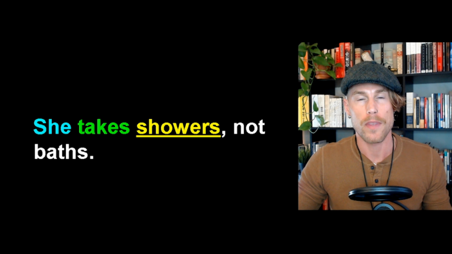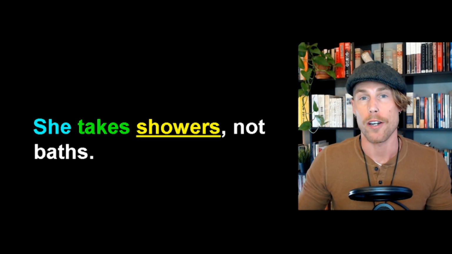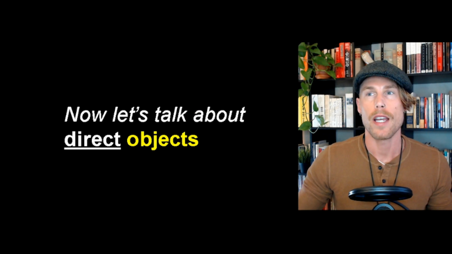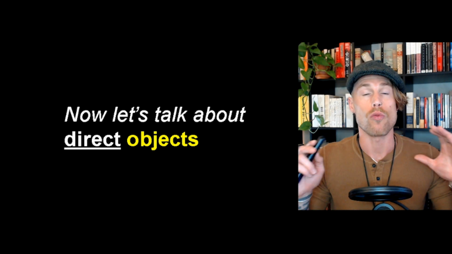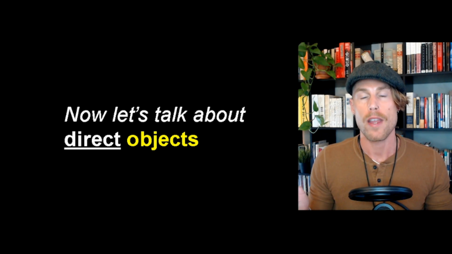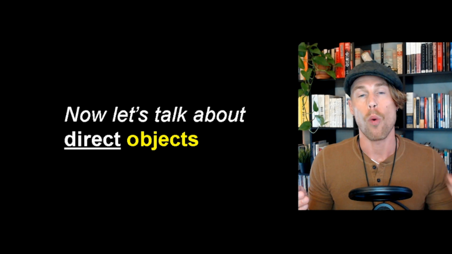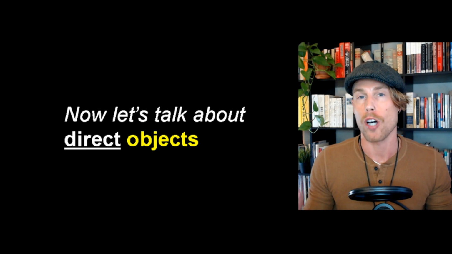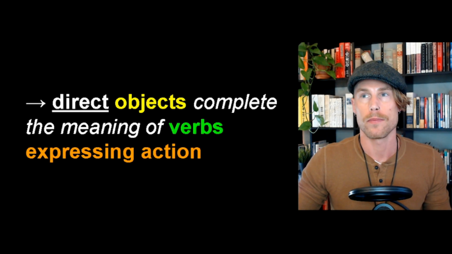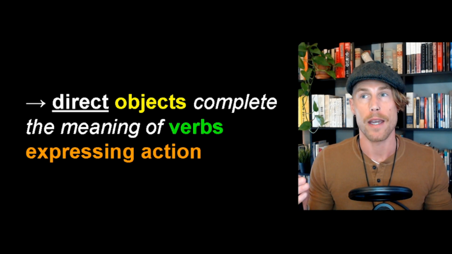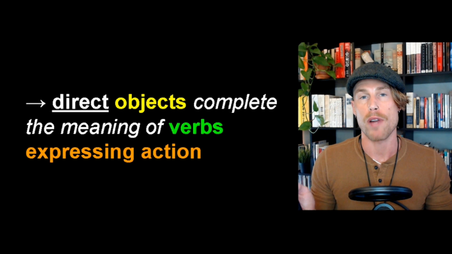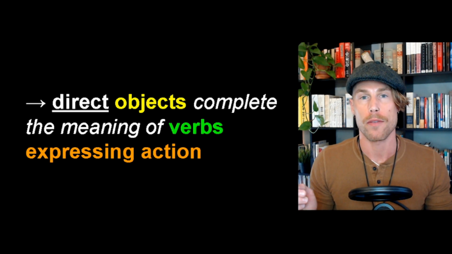Understand? Now it's more clear. Now let's look at direct objects. Direct objects are one type of complement. Direct objects complete the meaning of verbs expressing action.